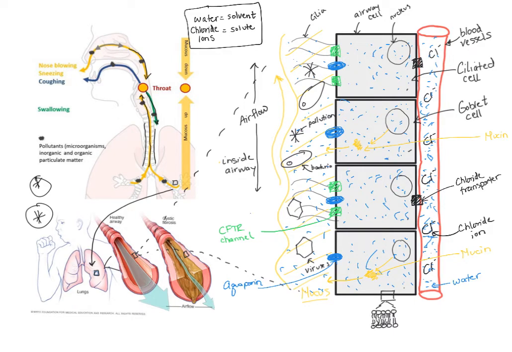Now, to tell you a little more about these membrane proteins that you've drawn, you have a chloride transporter protein and a CFTR channel protein on your ciliated cells. Normally, these chloride transporter proteins, we'll take just this top cell right here, will take a chloride ion and pump it into the ciliated cell. So you'll get chloride here. And on the other side, chloride can go through this channel protein and into the mucus.